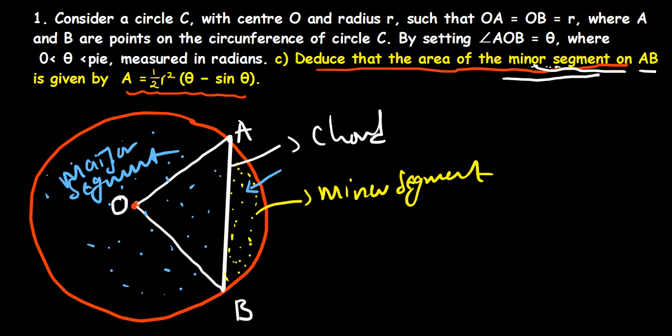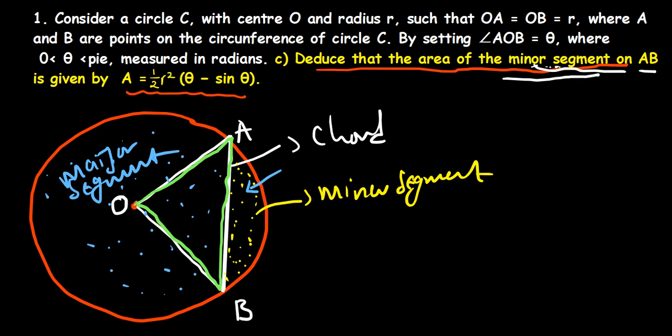The area of this sector, this part that I'm drawing in green, and then we are just going to subtract the area of this triangle that we can see, O to A to B and back to O. That will be the area of the minor segment.